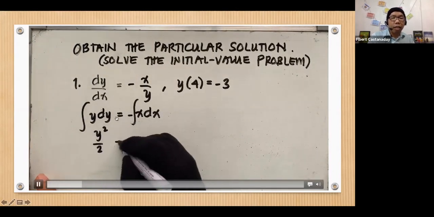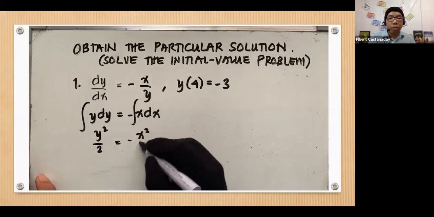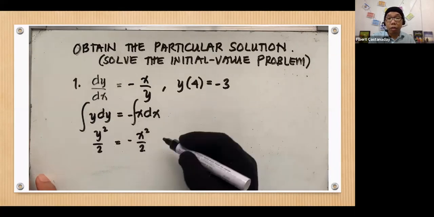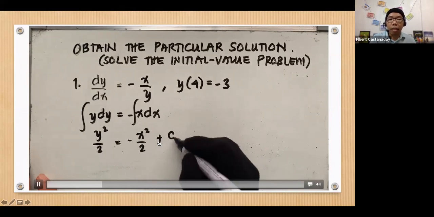Now, let's integrate the left-hand side. So you have y squared over 2. And on the right-hand side, the integral of this is minus x squared over 2. Of course, don't forget to write plus c. Since each of the terms contains 1/2, or over 2, we can simplify by writing c as c over 2.